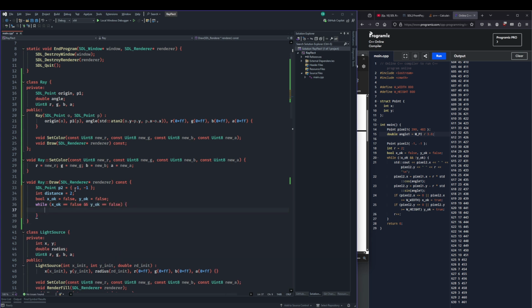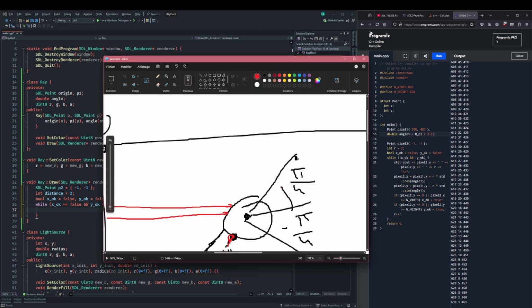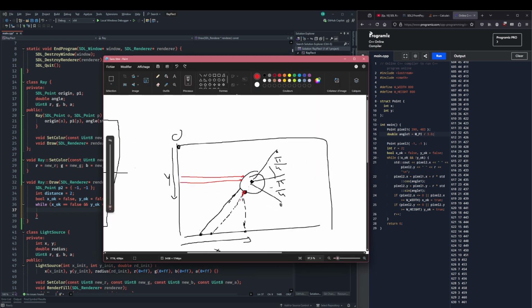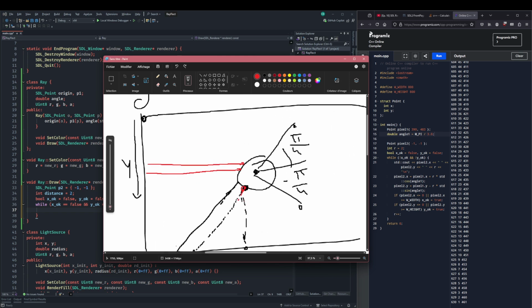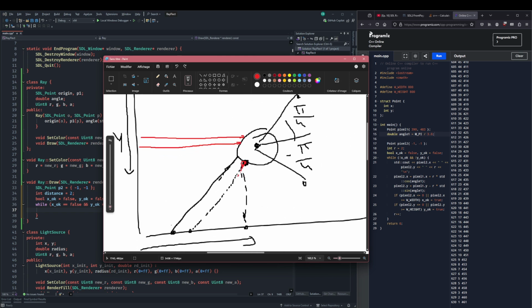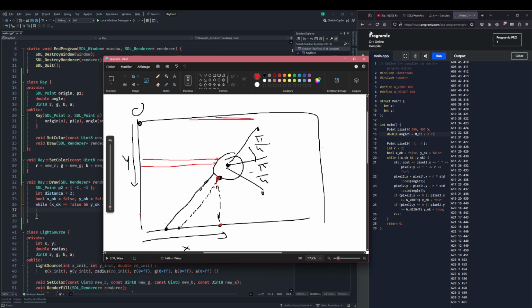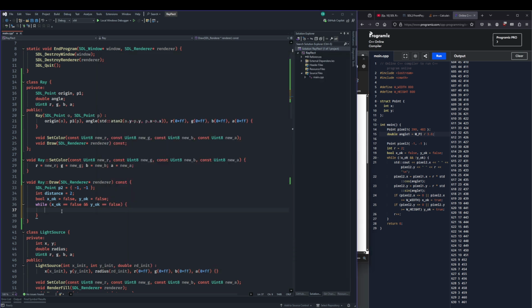So basically, while neither the y value or x value of the new point are at the edge of the window, so like here or here or here or here, then we are going to continue. And once we reach an edge, that's when we stop.